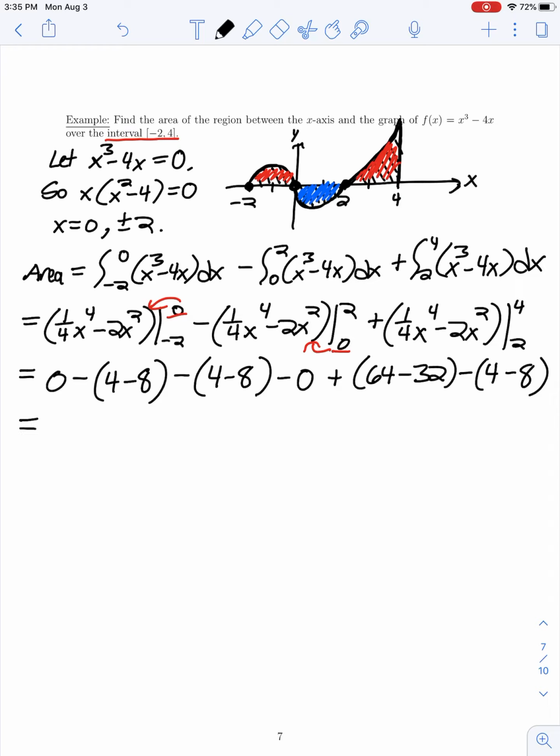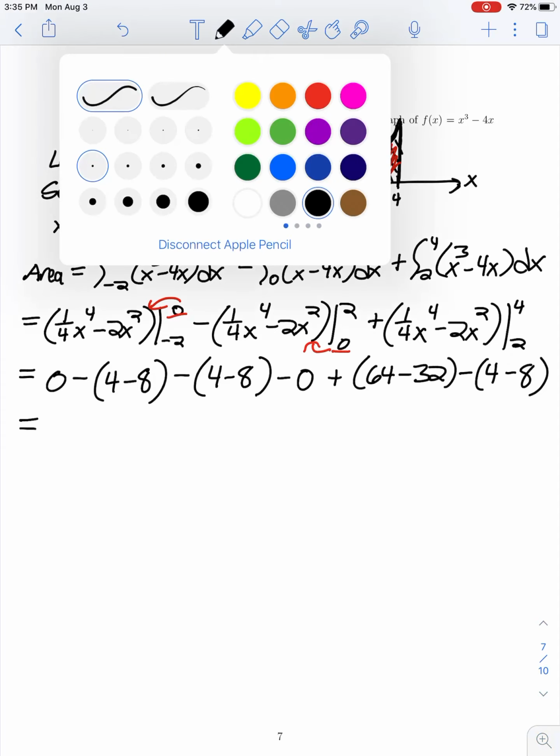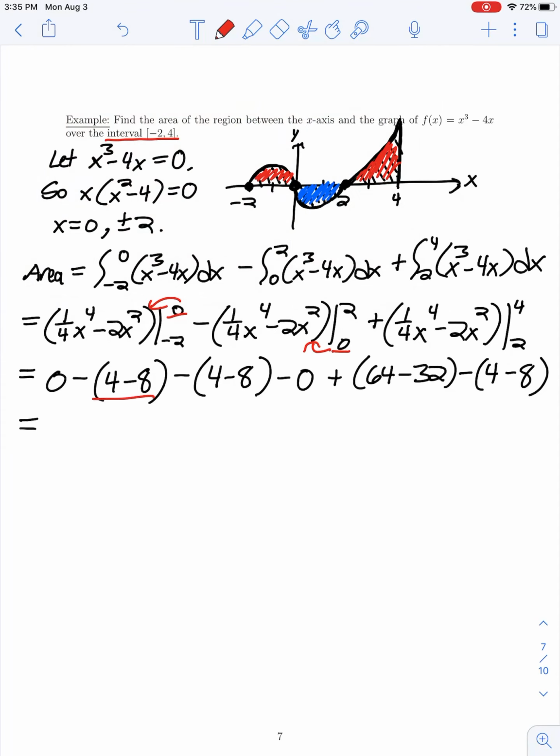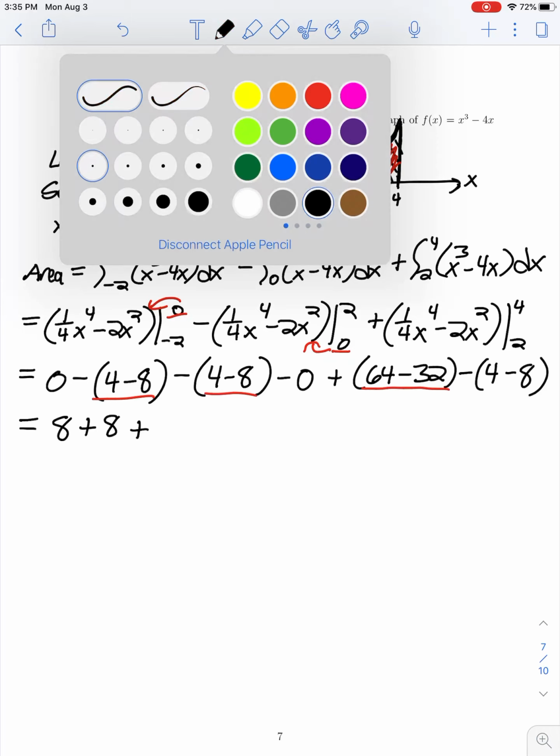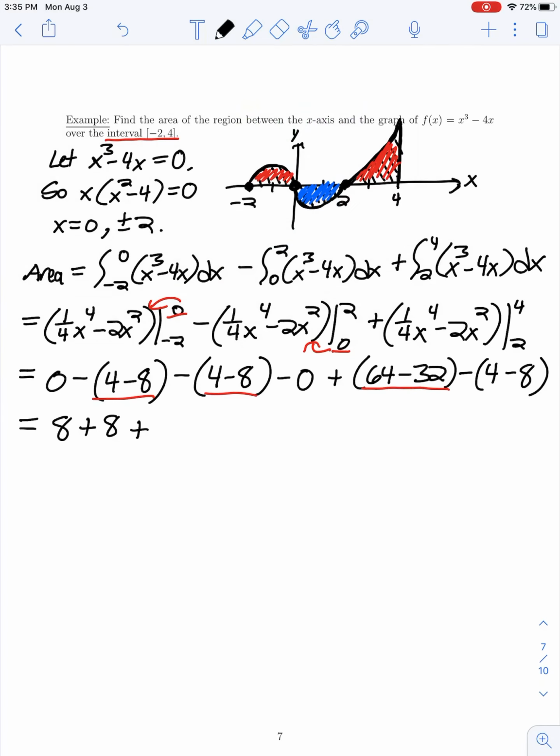So altogether, we have a negative of -8, which is 8, then we are subtracting a -8, which is the same as adding 8. Then we are adding the 64 minus 32, which is 32.